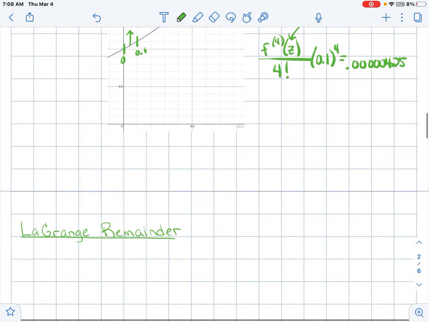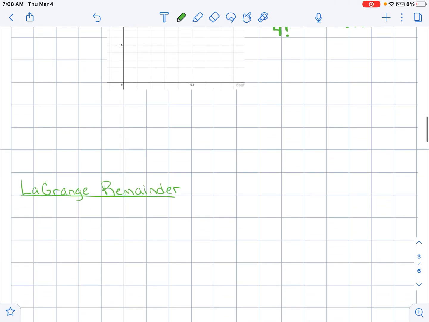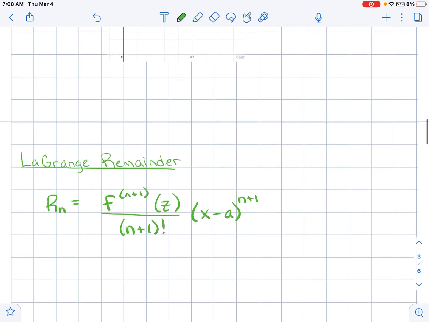So let's put that into formality here. So the LaGrange remainder, then, he says the remainder is the n plus 1 derivative, the next term in the sequence, evaluated at some value z, and then in the case of a Taylor polynomial that's not centered at 0, this would be x minus a to the n plus 1.